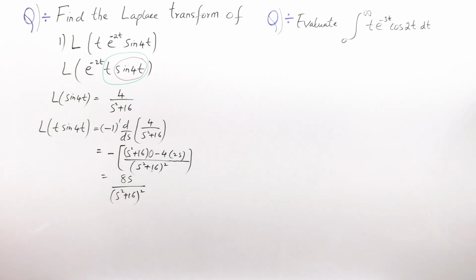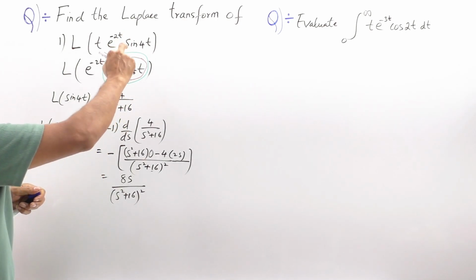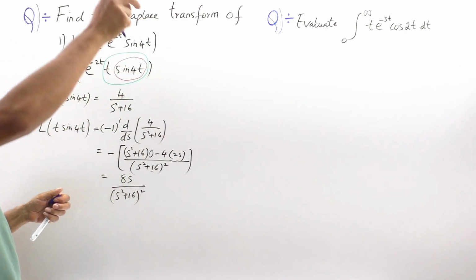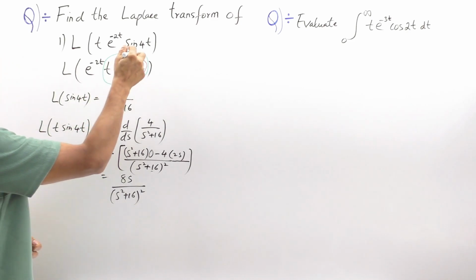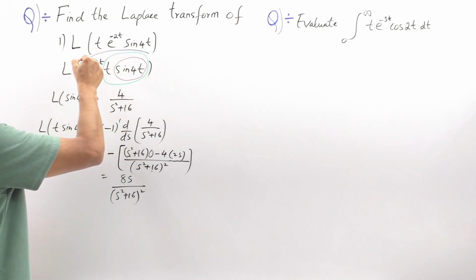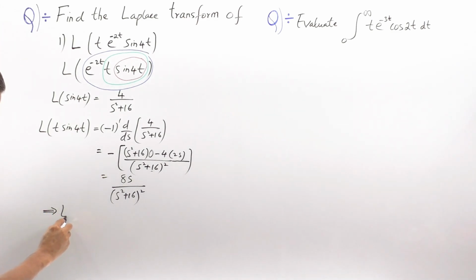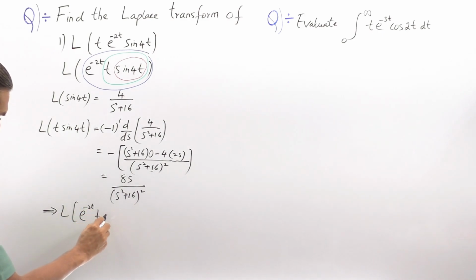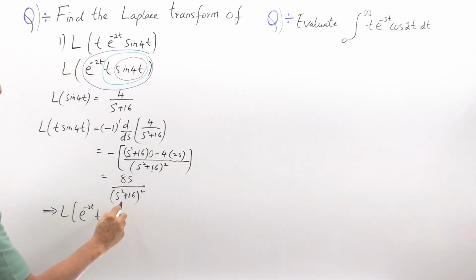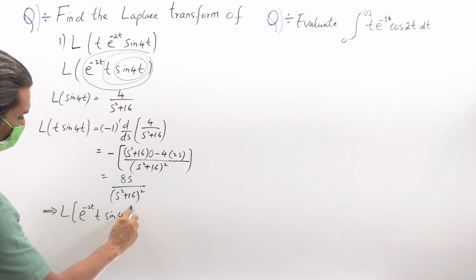Now finally, for sine 4t, then into t, and lastly the full question: Laplace of e raised to minus 2t into t into sine 4t. So that implies Laplace of e raised to minus 2t into t into sine of 4t will be what?